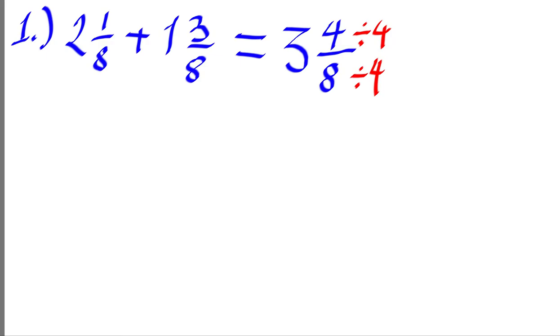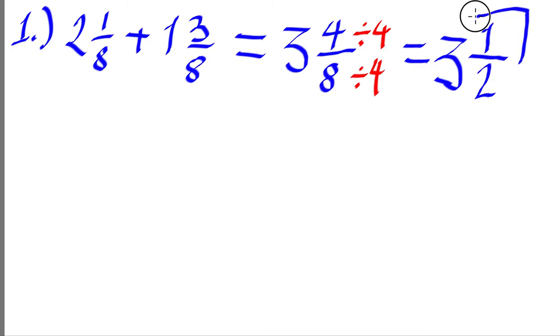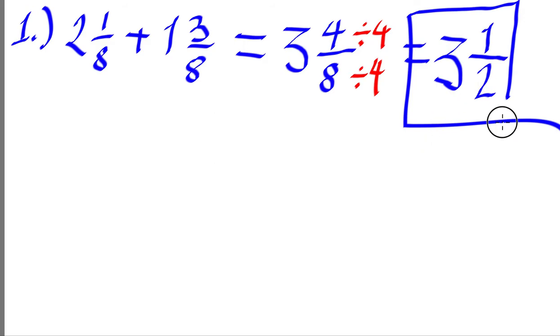The numerator becomes 1, and the denominator becomes 2. Then don't forget to copy our whole number part, 3. So this is our answer for number 1: 3 and 1/2.